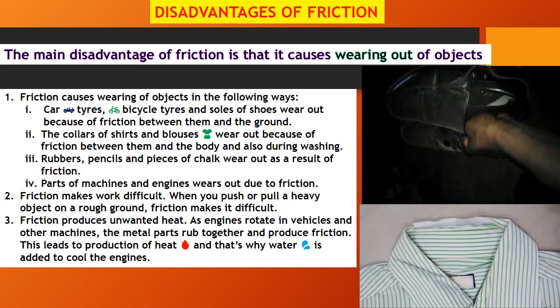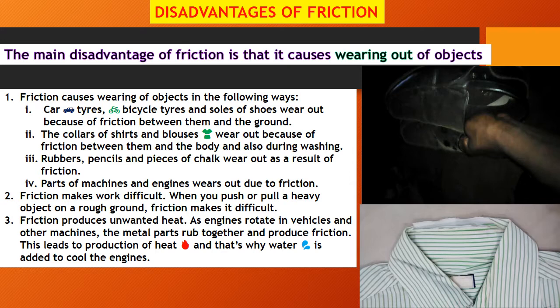The collars of shirts and blouses wear out because of friction between them and the body and also during washing. Rubbers, pencils and pieces of chalk wear out as a result of friction. Parts of machines and engines wear out due to friction.